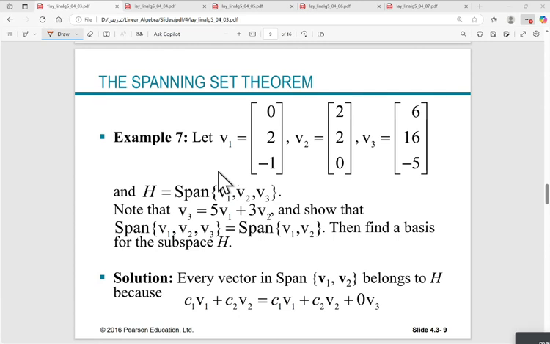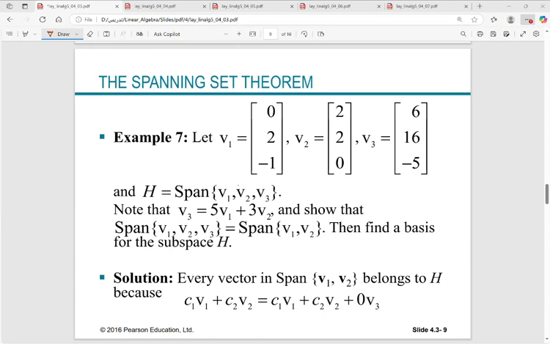So what's the solution? The solution is to find a subset of V1, V2, and V3 which forms a basis for H. Which subset? From this set V1, V2, V3, we can remove or discard those vectors that are linearly dependent on the others.